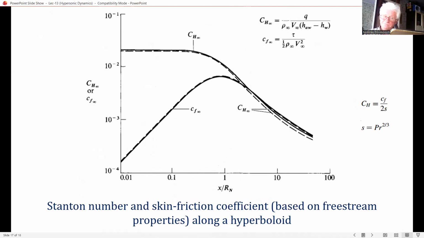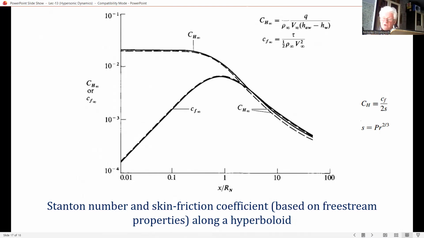First, the shear stress is zero at the stagnation point, as is always the case. Then it increases around the nose, reaches a maximum, and decreases farther downstream.